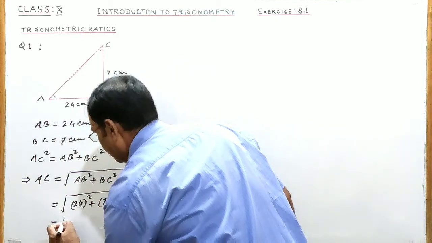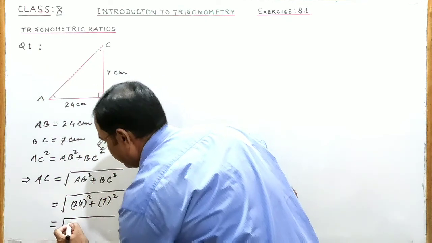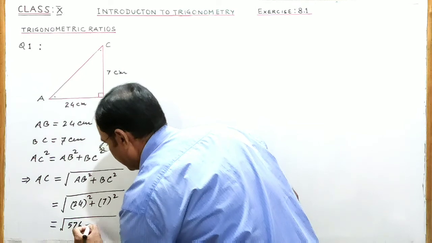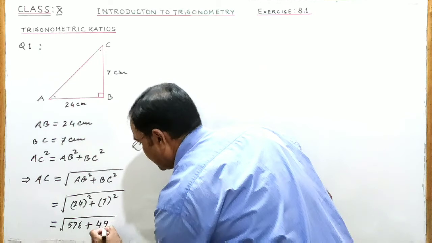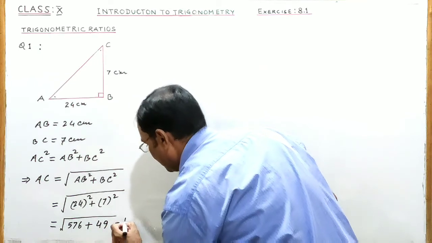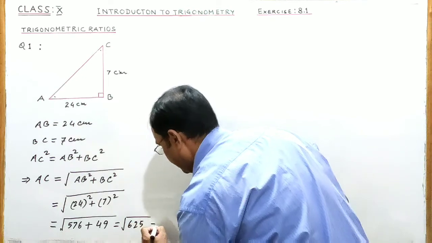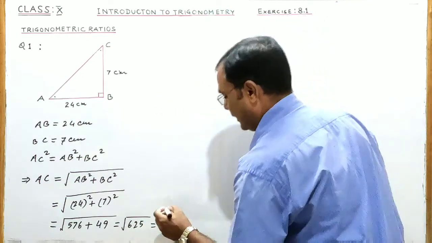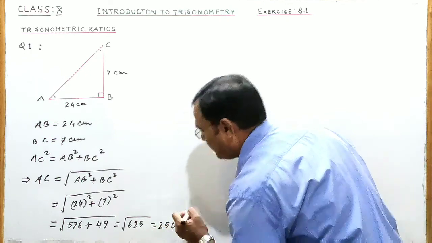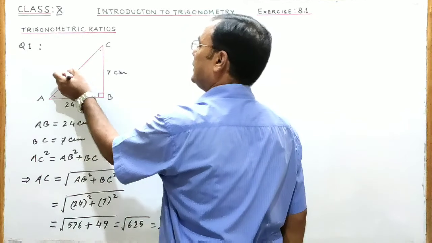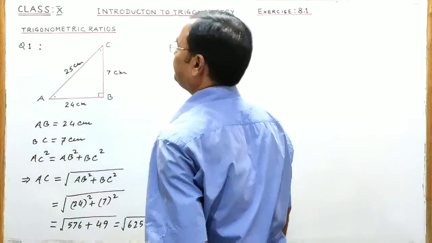This is equal to under root 24 square is 576 plus 7 square is 49, and this is equal to under root 625. Square root of 625 is 25. So length of AC is 25 centimeter.